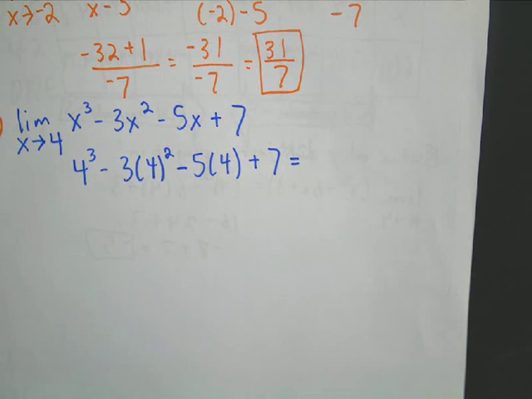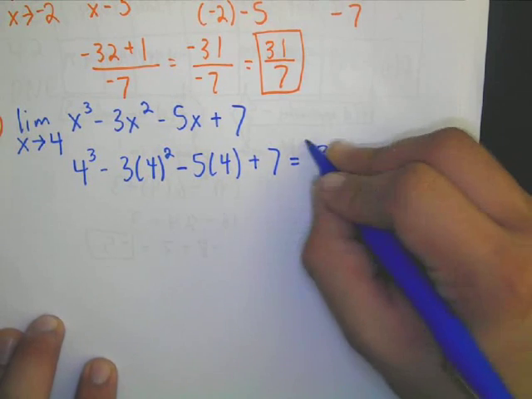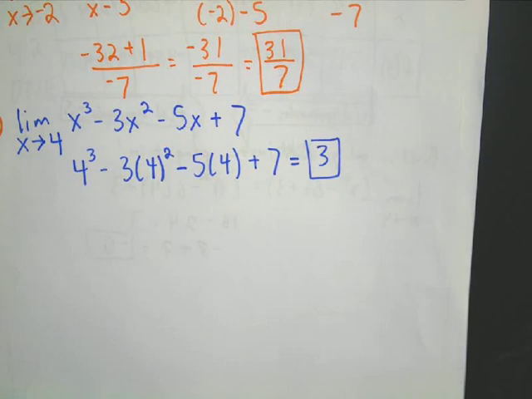You punch that in the calculator and you get 3. So that's all we're doing. That's how you evaluate limits, you literally just plug in the value, and there it is. Any questions on this? No, sir.